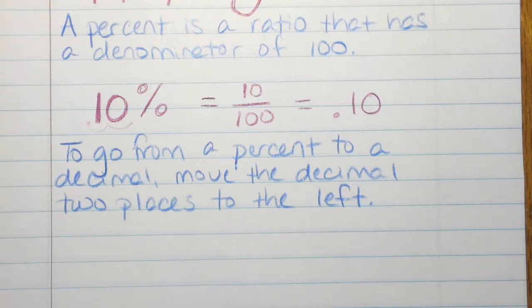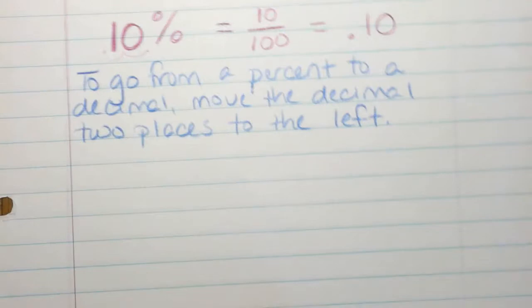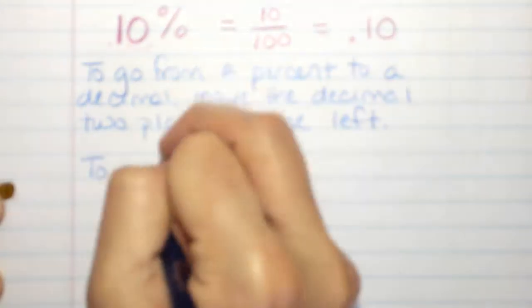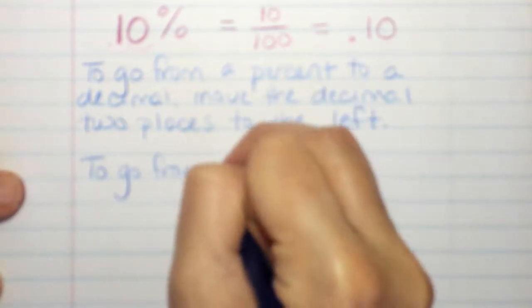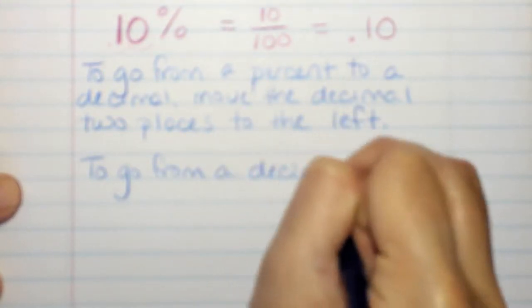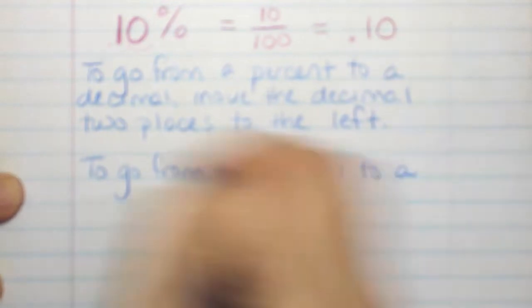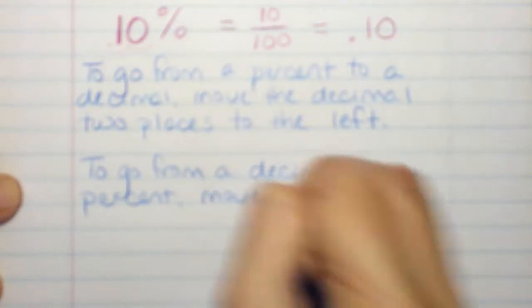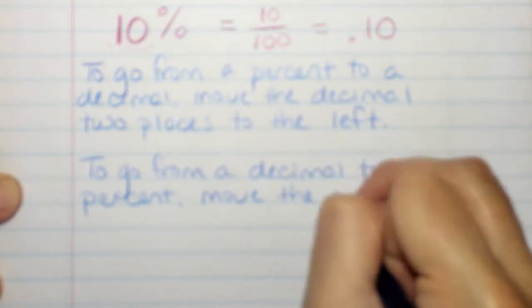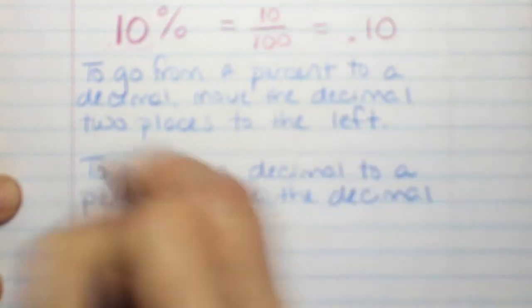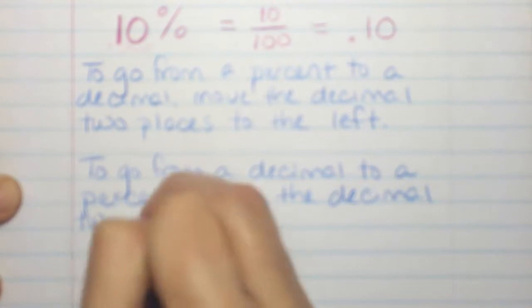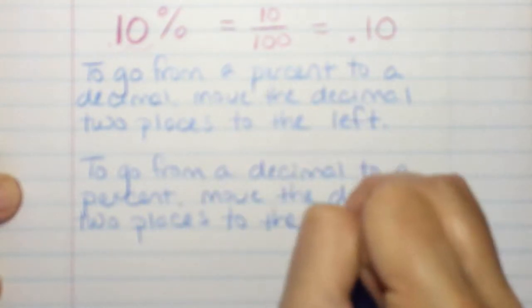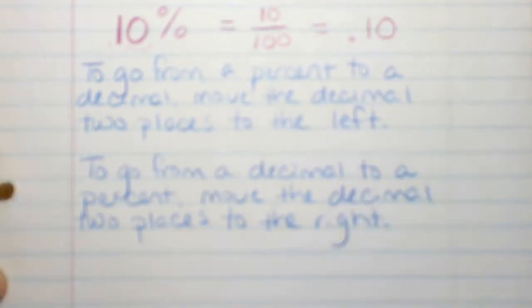And then to go from a decimal to a percent, move the decimal 2 places to the right.